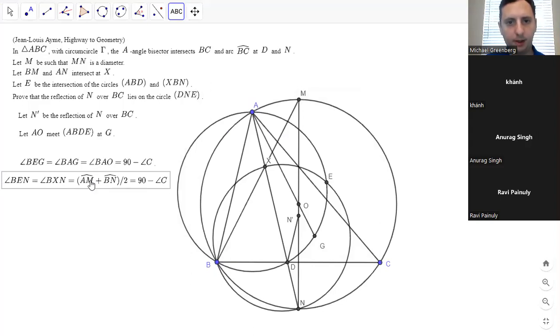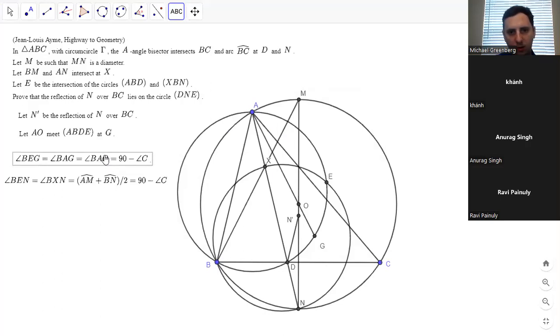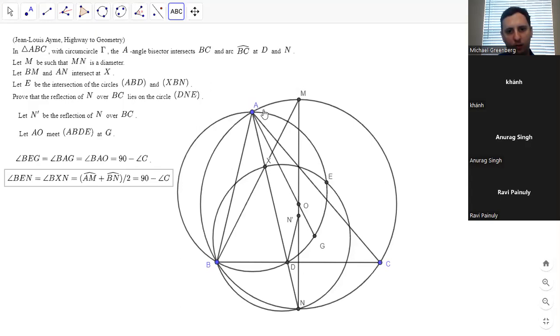So BEN is BXN, and that's half of AM plus arc BN. And so BN is like A over 2, and AM is B over 2. Okay, so let me think about this, because arc AM plus arc BN.